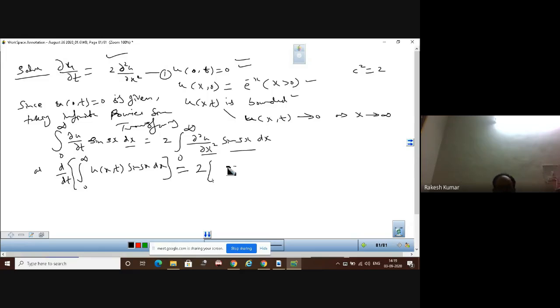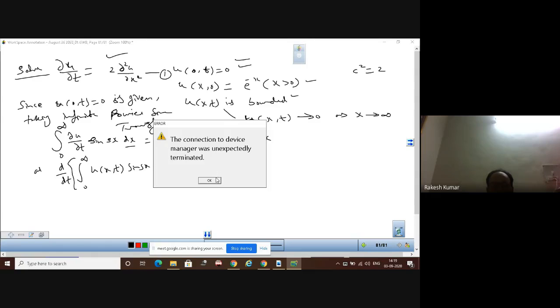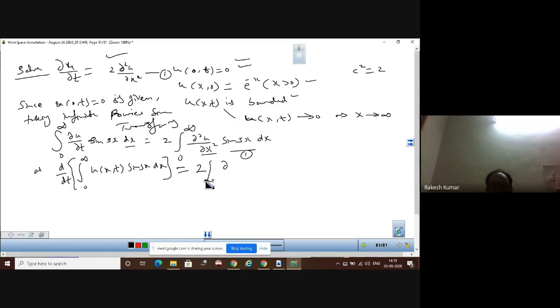The first function can be written, because it is the double order derivative term, like this. You can take this as the first function, that will be better, and take this as the second function.